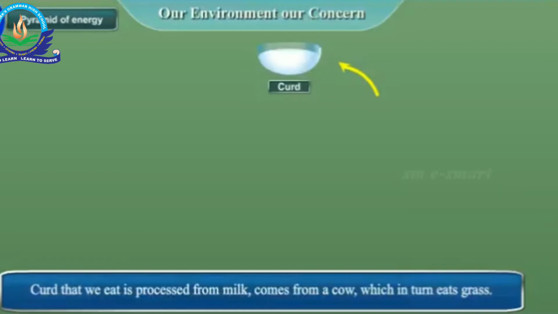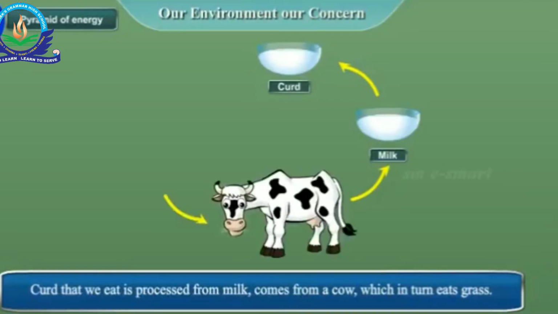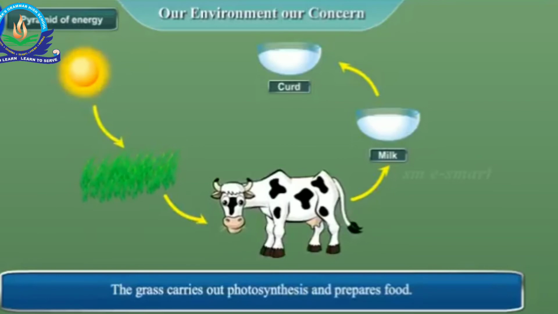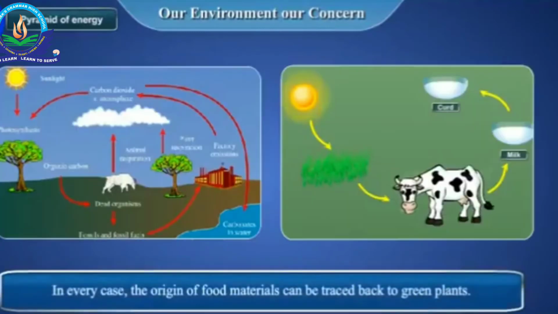Curd that we eat is processed from milk, which comes from a cow, which in turn eats grass. The grass carries out photosynthesis and prepares food. In every case, the origin of food materials can be traced back to green plants.